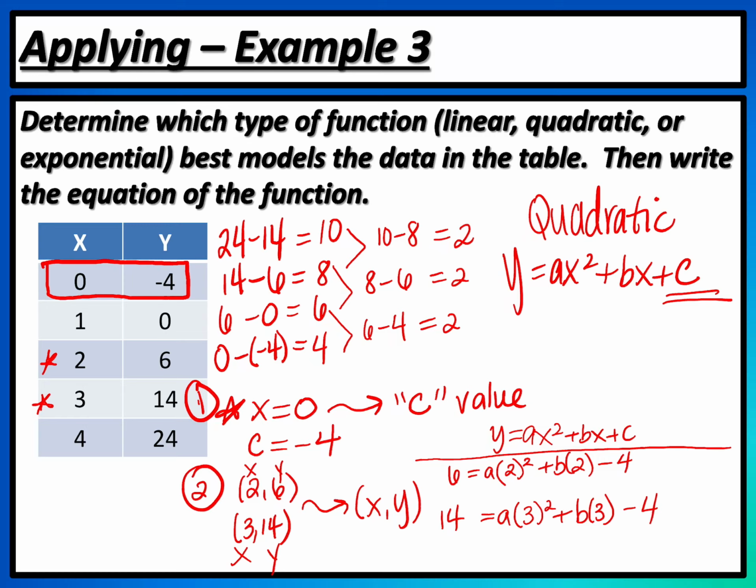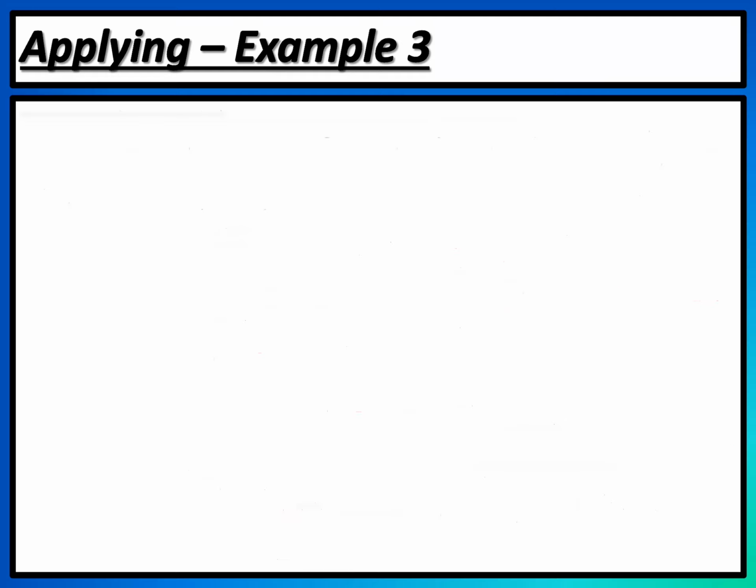All right, so these are the start of my system. So I'm going to take this with me. I've got to go to the next slide to give myself some room to work. Okay, so I'm just going to rewrite exactly what we just had.